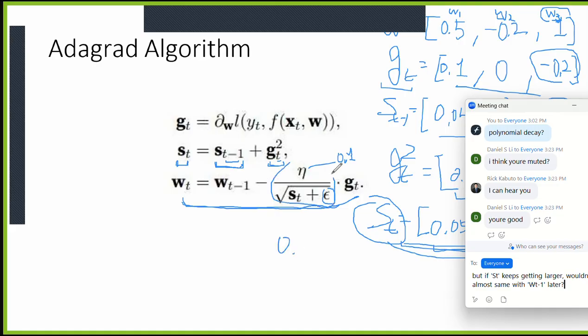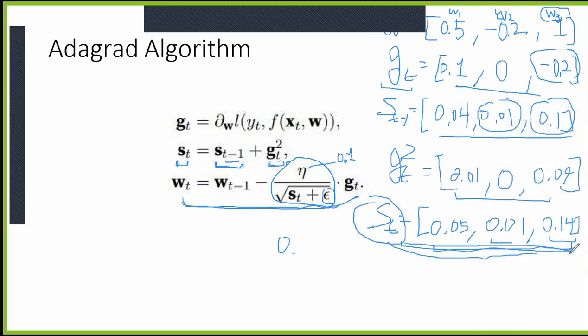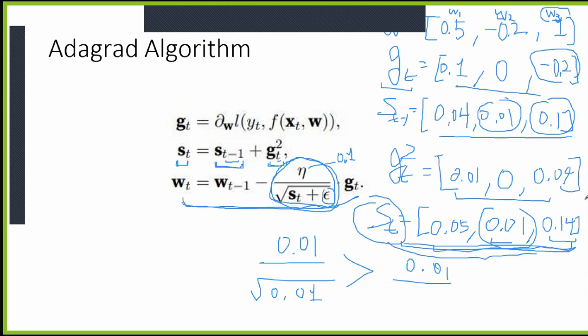This term, which is the adjusted learning rate based on the accumulated gradients, will naturally be higher for the second one, which is basically this, compared to the third weight, which has accumulated the most gradients so far, because the denominator is smaller.